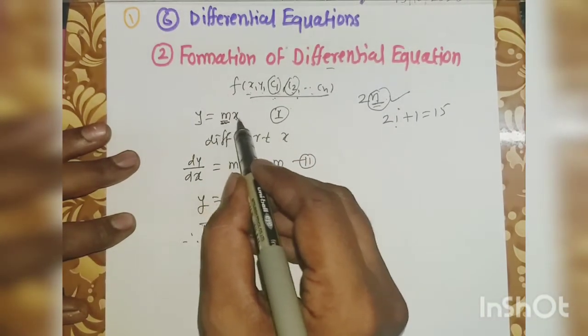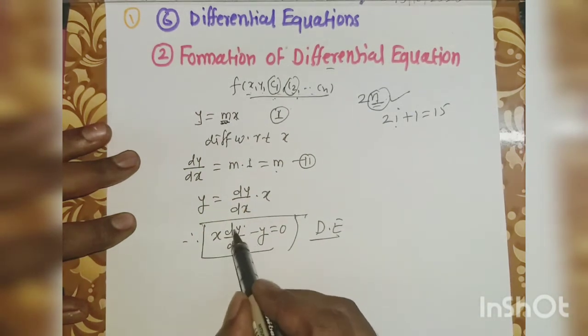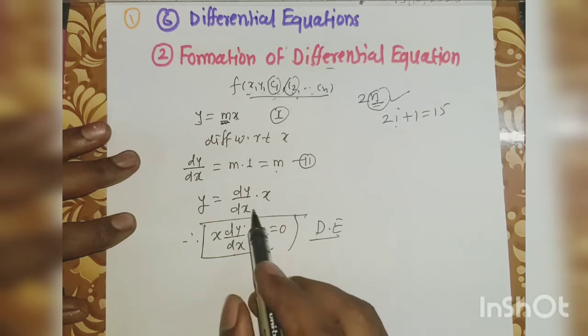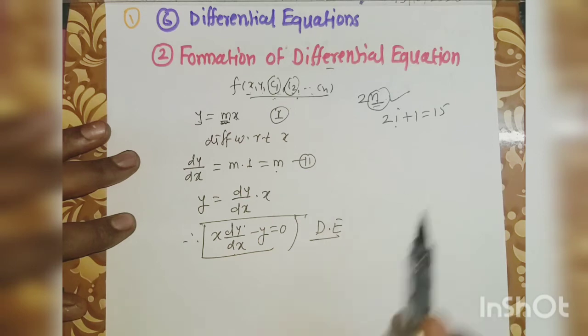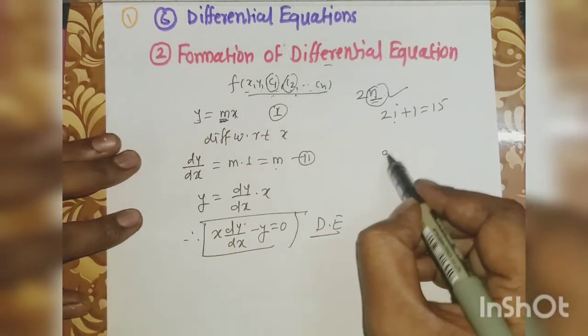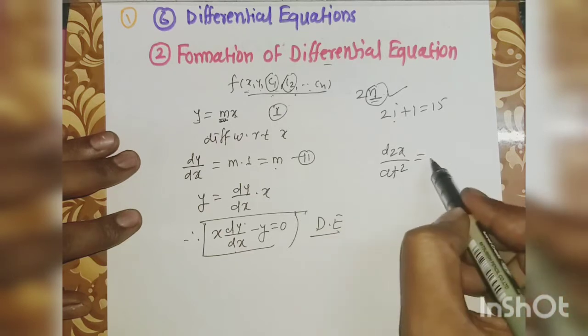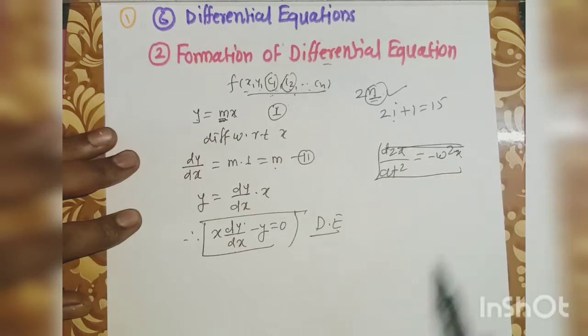Here this equation consists of one constant, therefore the order of this differential equation is 1. In physics, we form the differential equation of simple harmonic motion. This equation is second order, that is d2x by dt square is equal to minus omega square x. Now, this is second order.